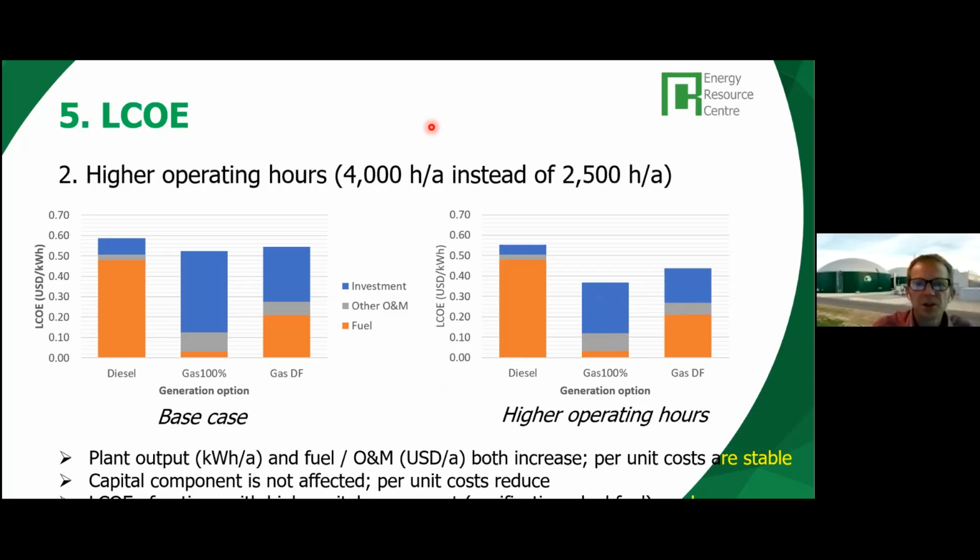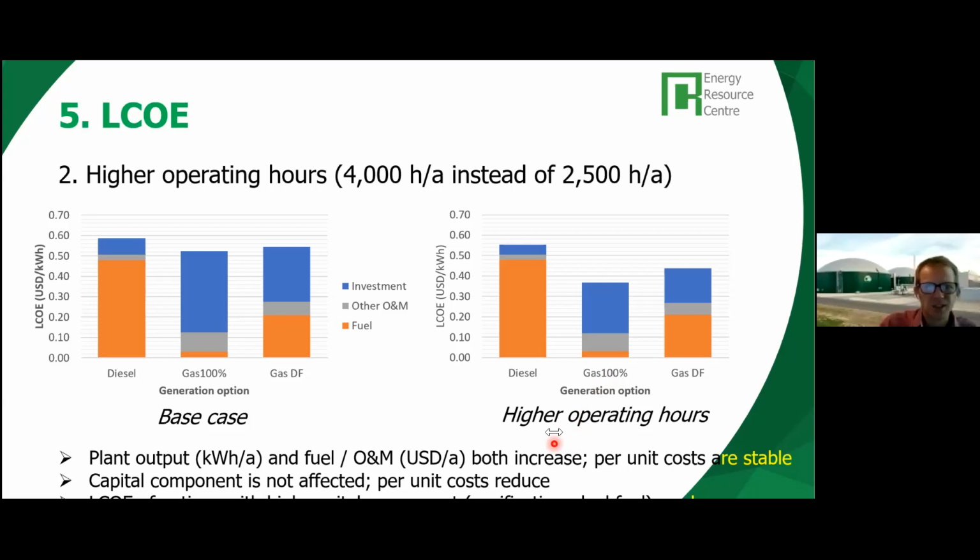Now I have another poll because I think it's interesting. And that is a question: what happens to the levelized cost of energy when we change the discount rate from 15% in the base case to 10%?